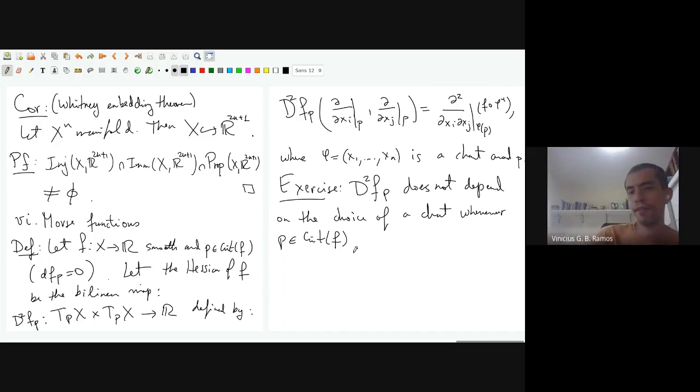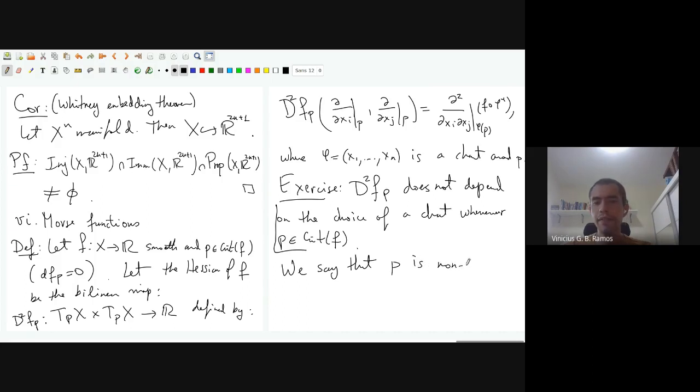Okay, so now I can define what it means to be non-degenerate. We're still part of the definition. We say that p is non-degenerate if this bilinear form is non-degenerate.